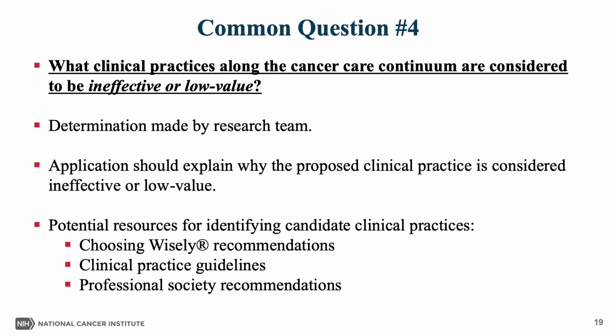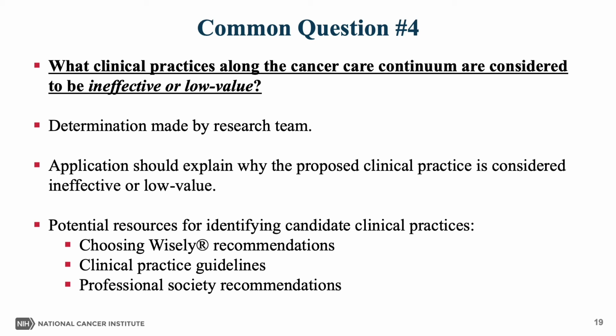The fourth question that we've received is, what clinical practices along the cancer care continuum are considered to be ineffective or low value? And we would say that that determination should be made by the research team writing the application, and I would say that you need to justify this in your significance, and you need to be sure to cite literature as to why it's going to have an impact on the field.